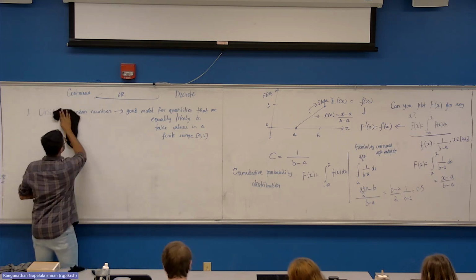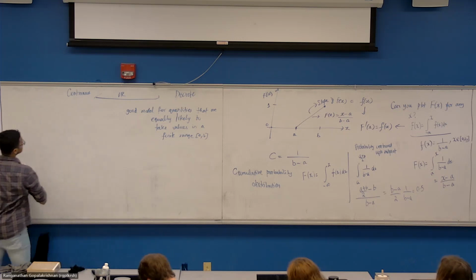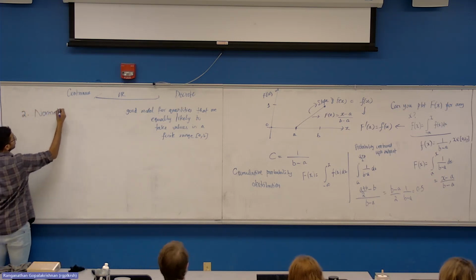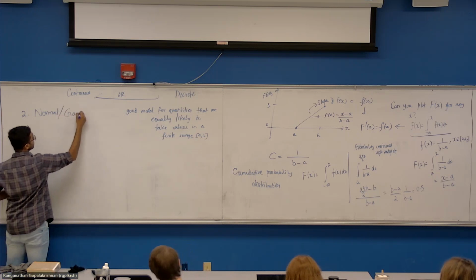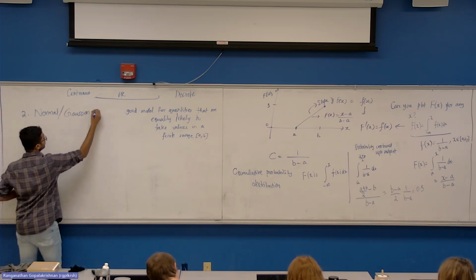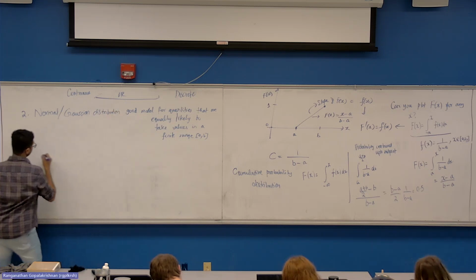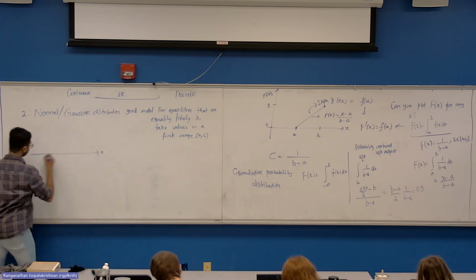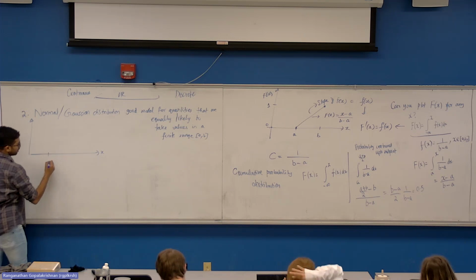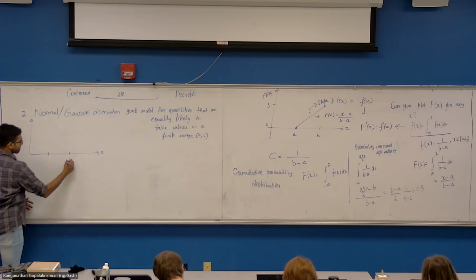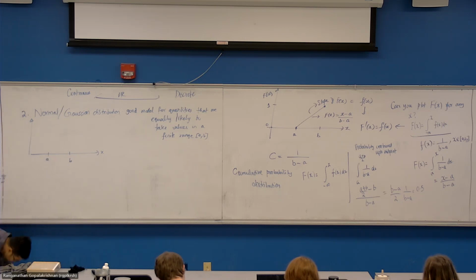So the second distribution in our list is the normal or Gaussian distribution. When we saw the uniform distribution, what is the main feature of the uniform distribution?